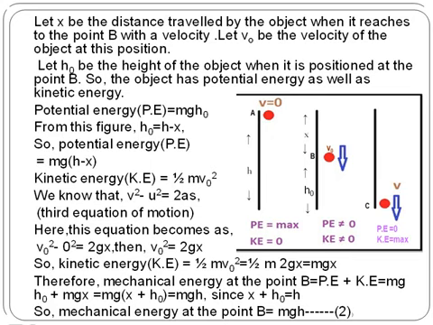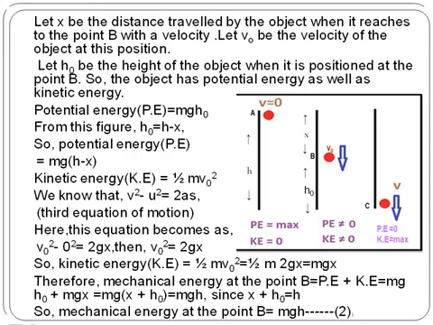The potential energy Pe is equal to mgh0 and its kinetic energy Ke is equal to 1 by 2 mv0 square. As shown in given figure, h0 is equal to h minus x. So, its potential energy Pe is equal to mg(h minus x).